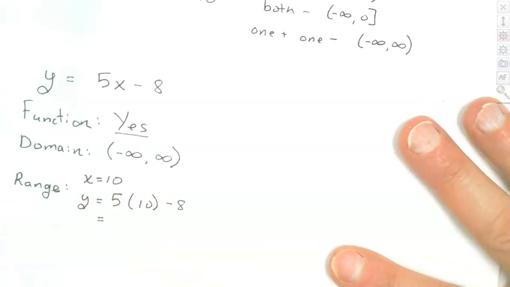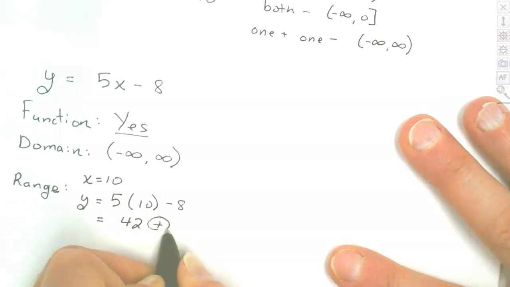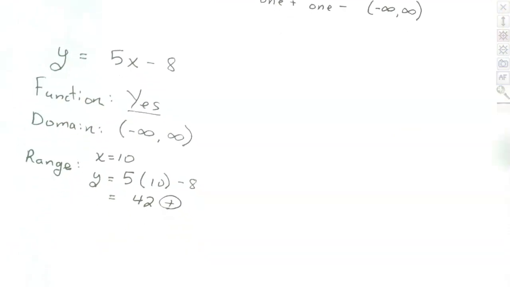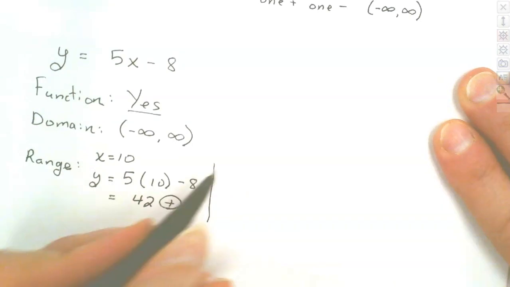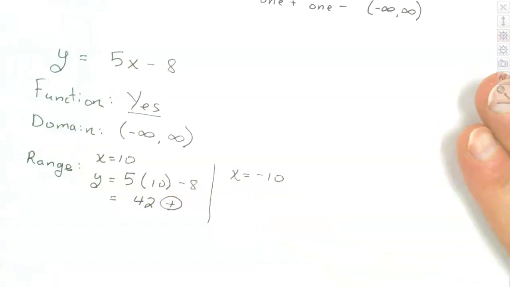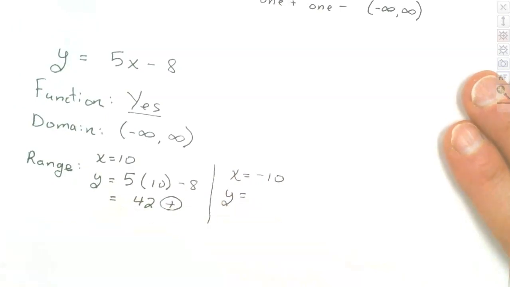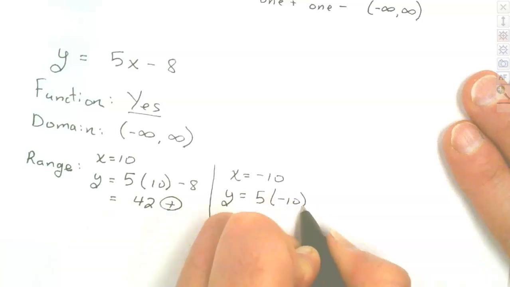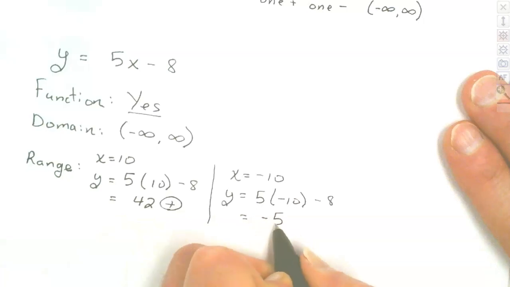That's going to be 50 minus 8, which is a 42. And that's positive. So that one's positive. What about a negative 10? If I plug in a negative 10, what's going to happen here? Well, I get 5 times negative 10 minus 8, and that makes it a minus 58.